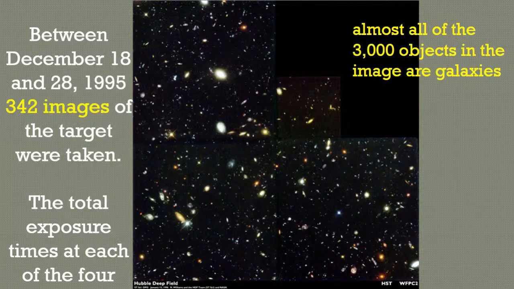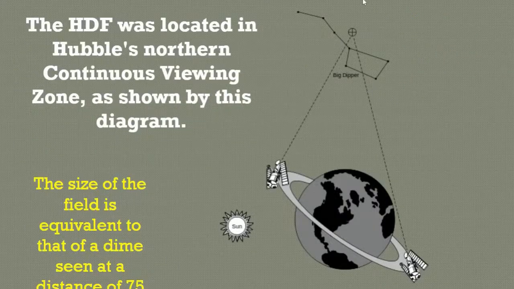That is truly astounding. So this was from way back in 1995, and that area was right there above the handle of the Big Dipper, right between the handle and the bowl.